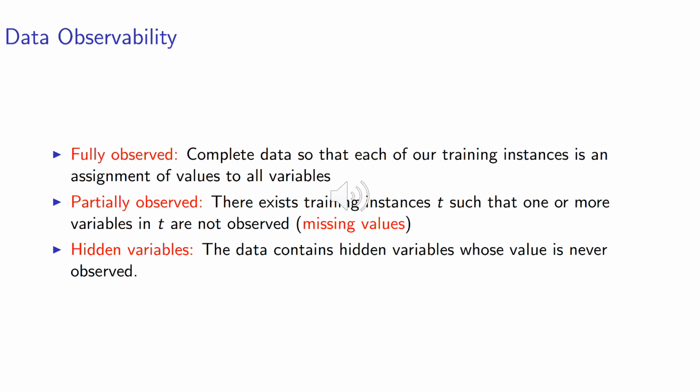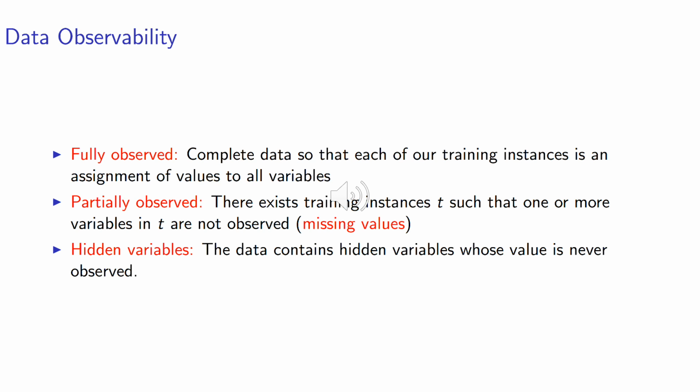A final point I want to make is that we will discuss learning algorithms under the following data observability scenarios. The first one is the easy case, wherein we are given a data set in which each example is an assignment of values to all variables in the graphical model. Such data sets are called fully observed data sets. The second case is a harder case in which we have missing values in the data.